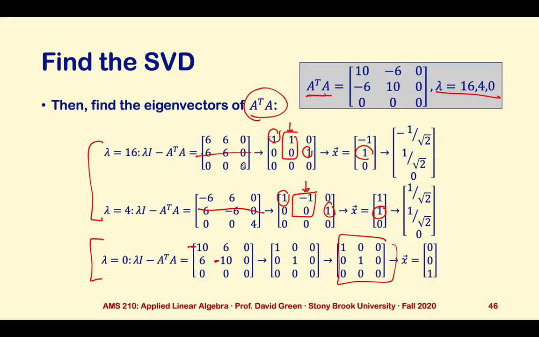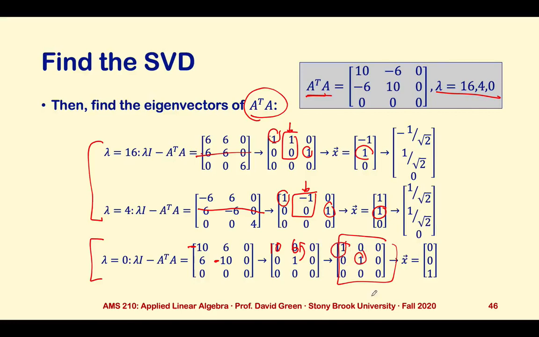Actually, there's a step here that isn't really followed through. What would we do here? We would put a 10 and a 6 and subtract off 6/10 of this, which would give us a 0, and 10 minus 36/10 would give us a single value, which we can scale to give us a 1. We then eliminate upwards and scale the row. We get 1, 0, 0, 0, 1, 0, 0, 0, 0.